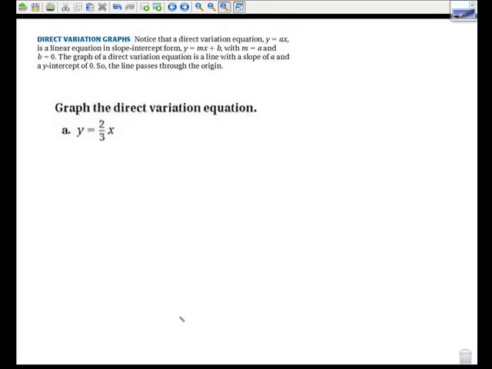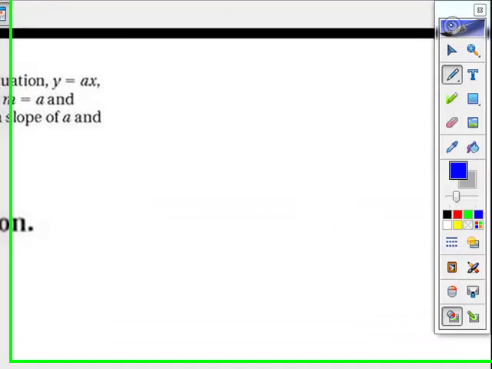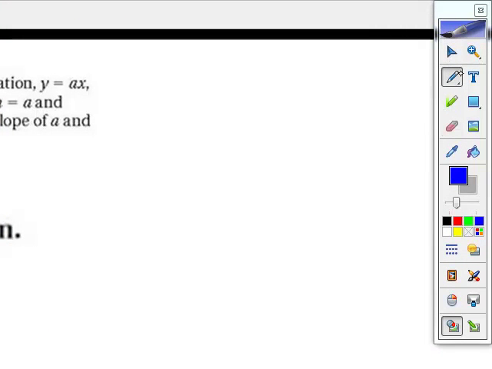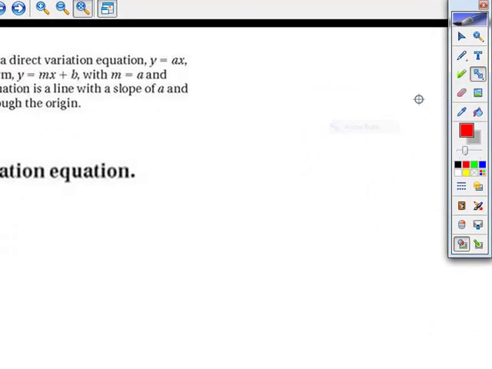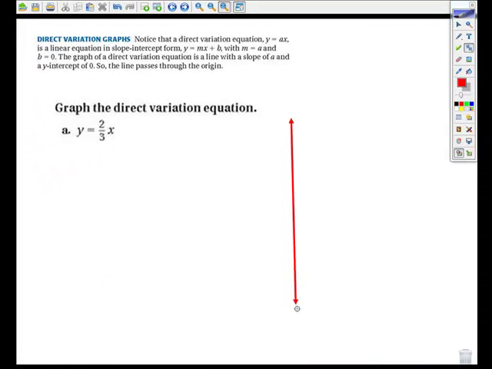Next, it says, notice that in direct variation, I've already gone over this with you, the y-intercept is basically 0. So when they're asking you to graph this, we'd graph it still like we would in slope-intercept form, but now instead of starting at a different y-intercept, our y-intercept is going to be 0. So we start at the origin.